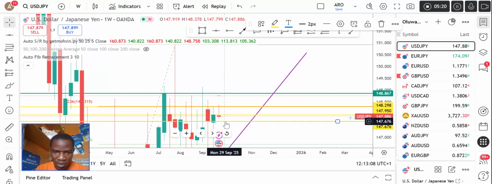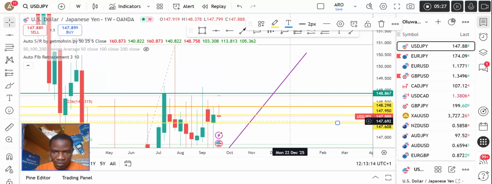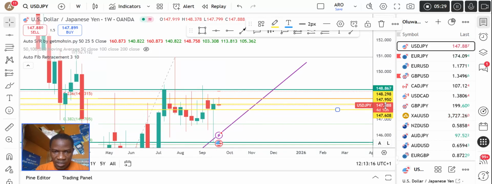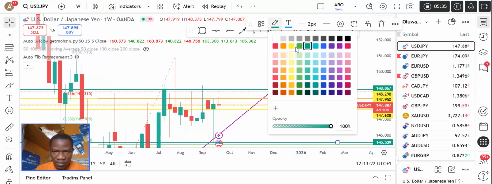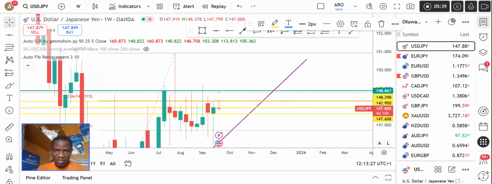You're going to adjust this to where the market comes from, and then the low. So that's the area we are trading from.